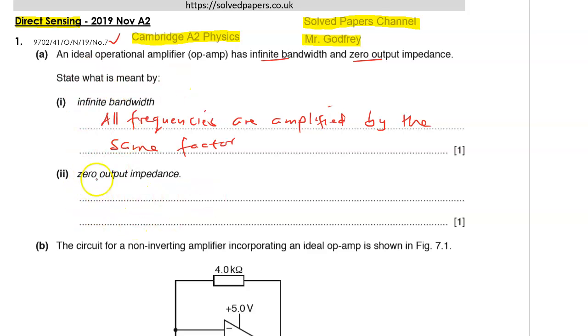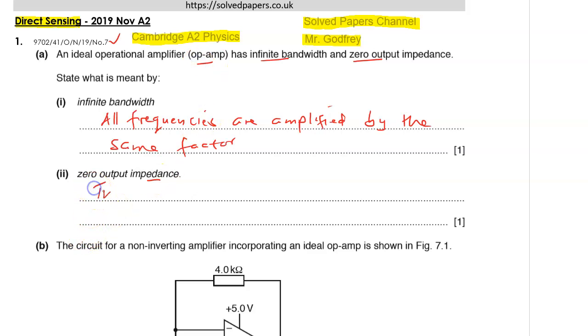State what is meant by zero output impedance. This means that the whole of the output voltage is provided across the output load, and there is no resistance at all to the output signal that is going to come out of the op amp.